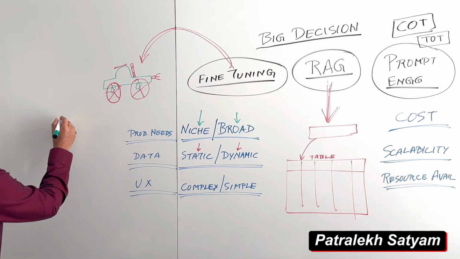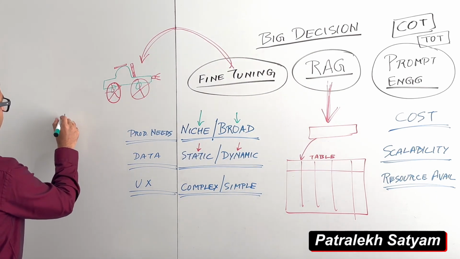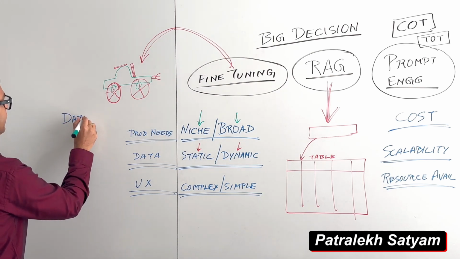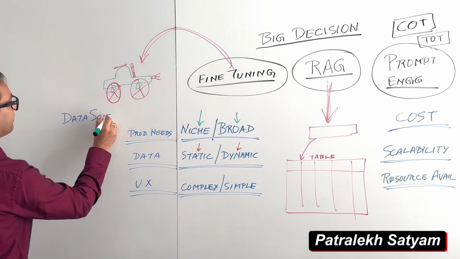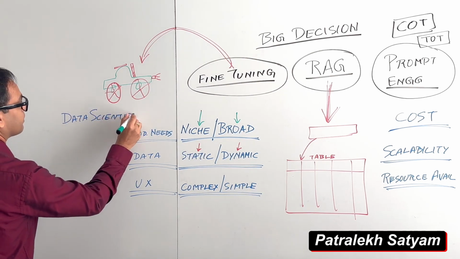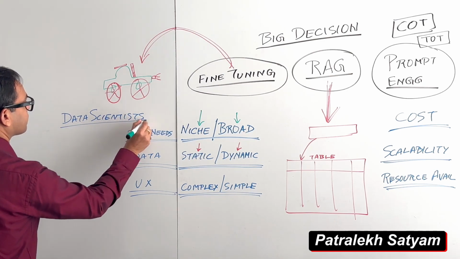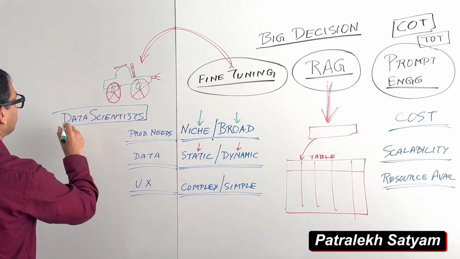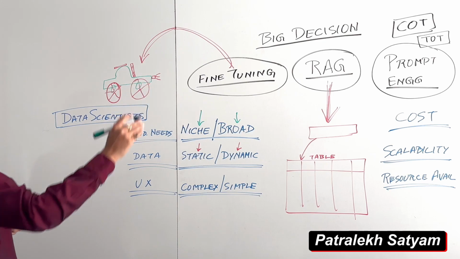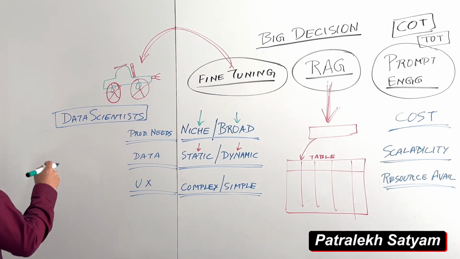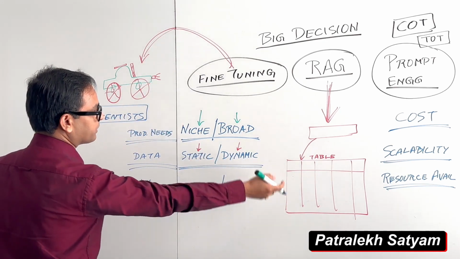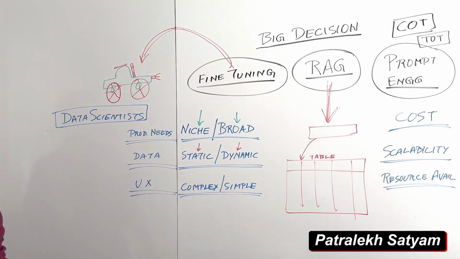The first one, not the first one, data scientists. So data scientists will have the most knowledge about fine tuning, RAG, prompt engineering, and whether we should be using this kind of augmentation or not, and all those kinds of things, right?